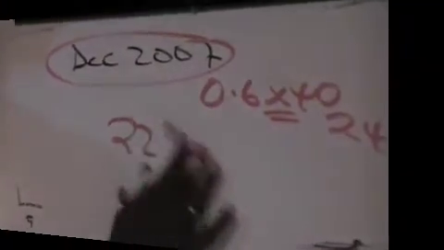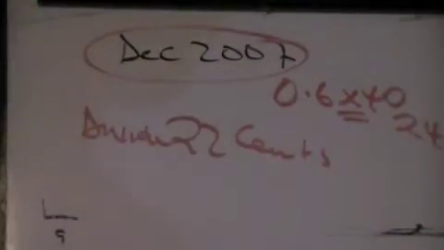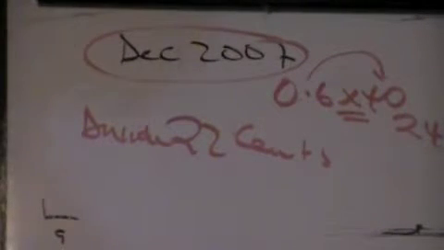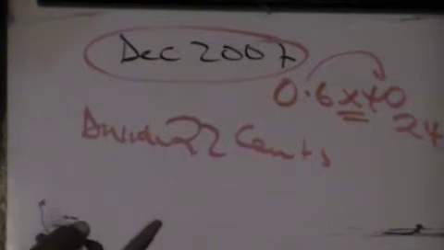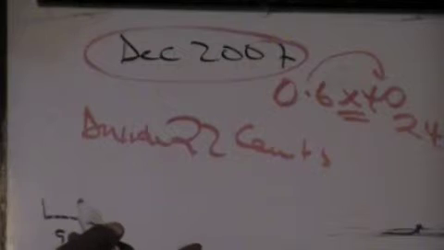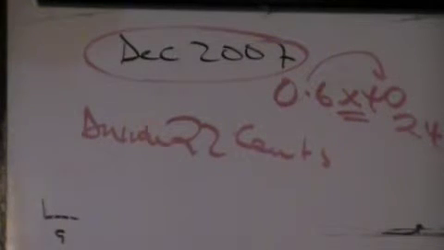So the payout ratio is 60% and the earnings per share is 40 cents. It means that 40 cents multiplied by 60% will be 24 cents. And the question says that the dividend that has been paid 2 years ago is 22 cents.